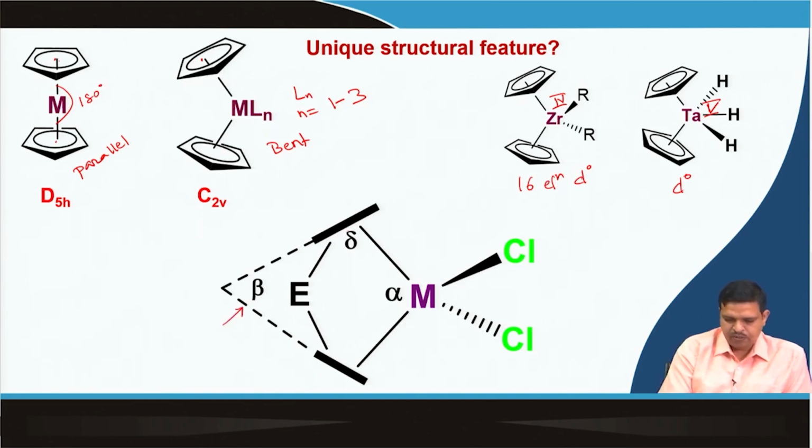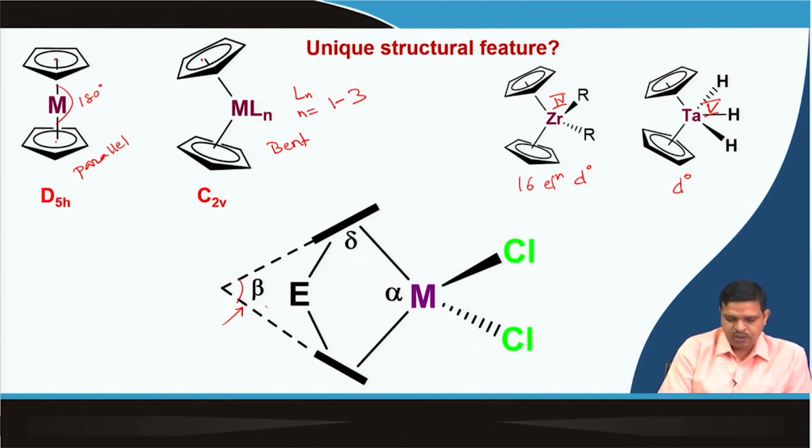Beta is basically, this is the centroid and this is the centroid, and this is the Cp plane and this is the Cp plane, and you extend them, and this angle is called the beta angle.